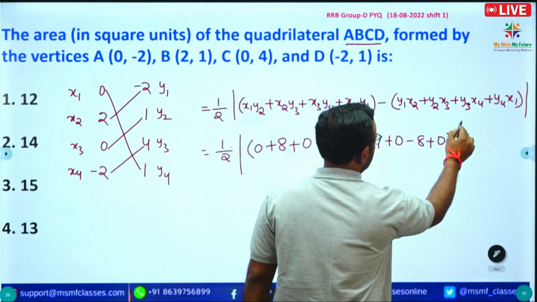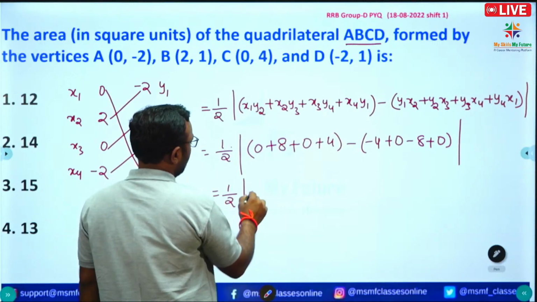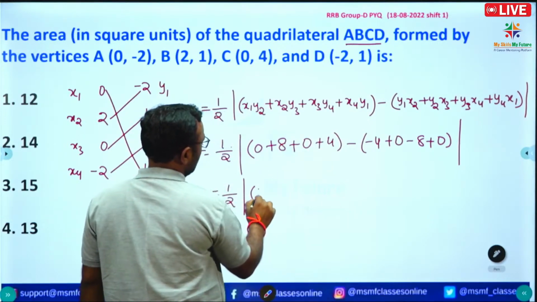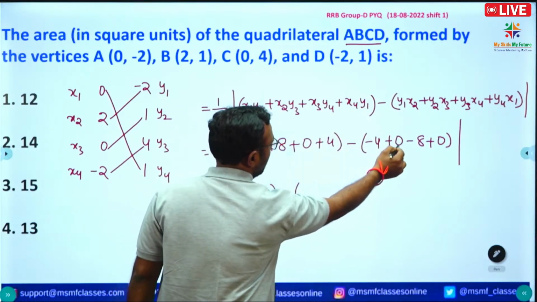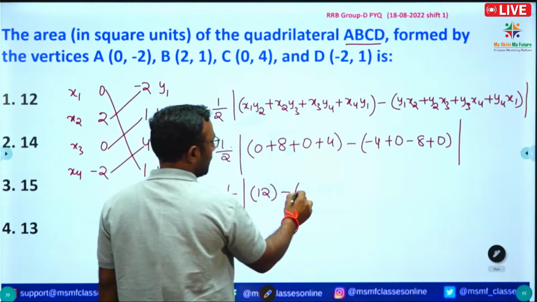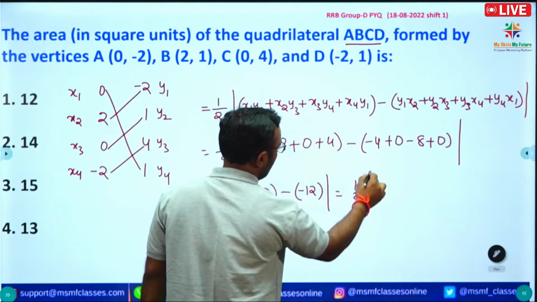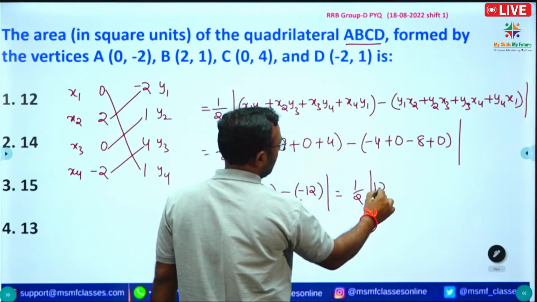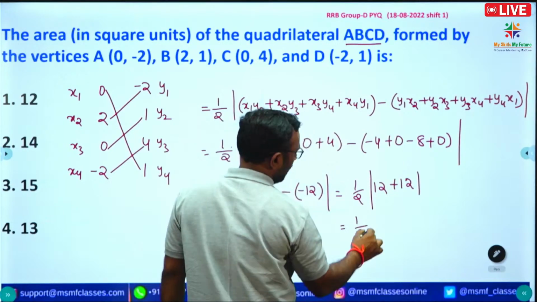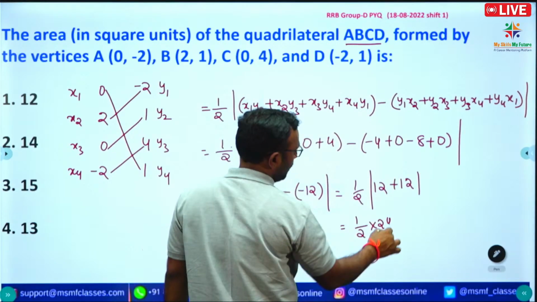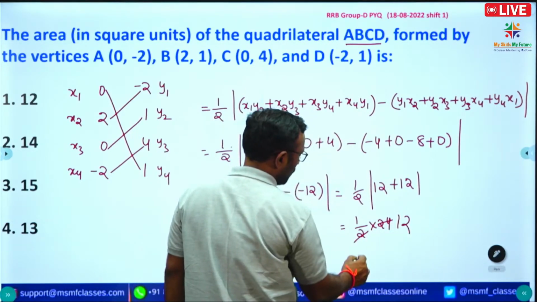So modulus of 1 by 2, 8 plus 4, 12, minus of minus 4 plus 0 minus 8 plus 0, minus 12. So we can write 1 by 2 modulus, 12 plus 12, so 1 by 2 into 24, modulus means plus or minus, so 2 ones are 2, 12.